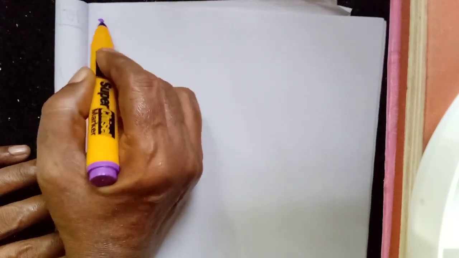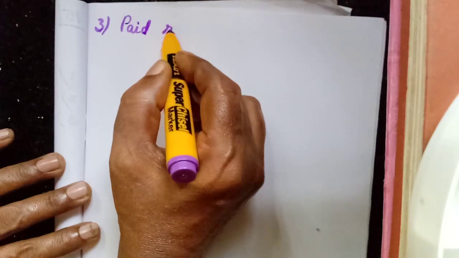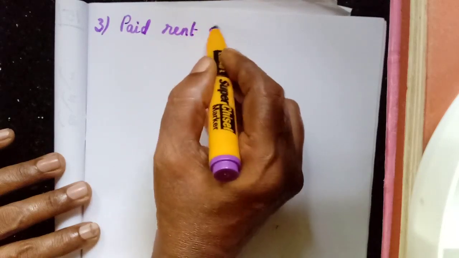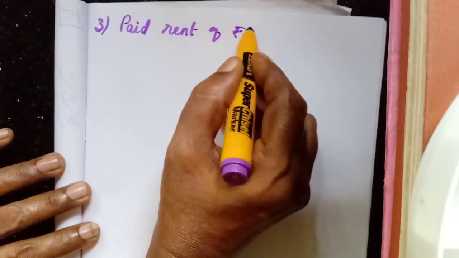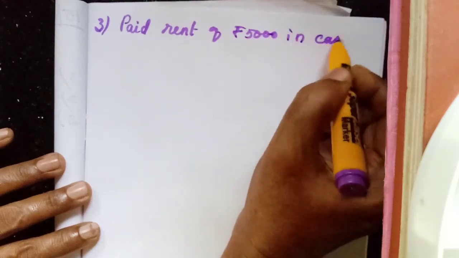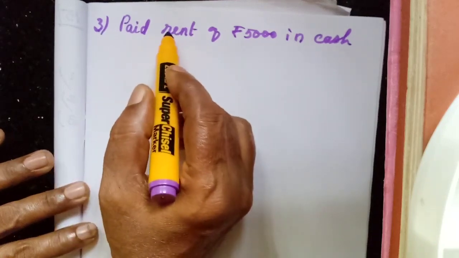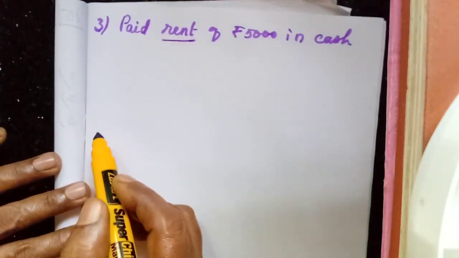Third example: paid rent of rupees 5,000 in cash. Here the expense name is rent.